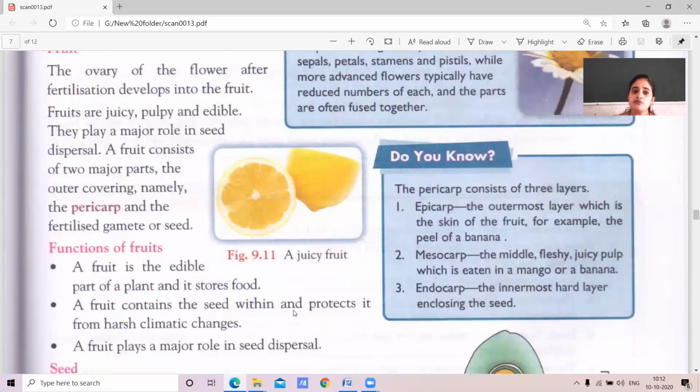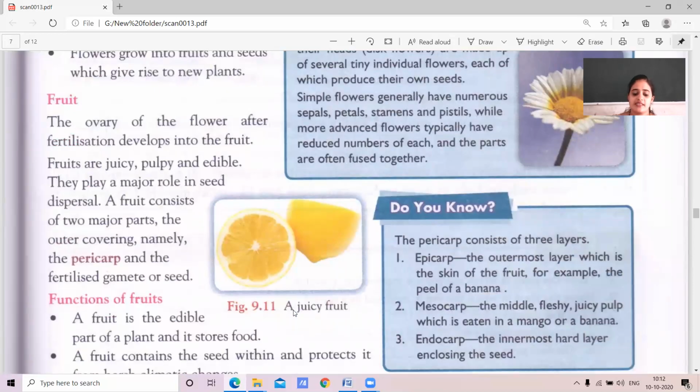Then come to the fruit. Yes. The ovary of the flower, after fertilization, develops into the fruit. Has everyone seen the fruit? The ovary of the flower, after fertilization, is developed into the fruit.